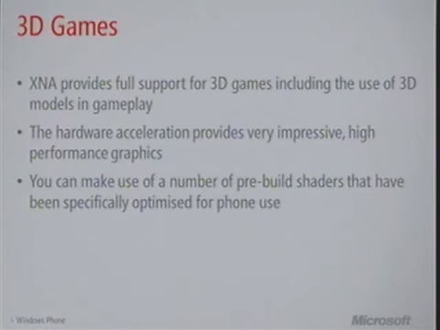You have to bring a bunch of stuff together to even just show something on the screen, whereas I can do that in just a couple of minutes, and in fact will, with a 2D game. With the 3D side, though, you do have hardware acceleration that you can get access to through that DirectX framework, and that's what enables you to do this. And you can use a bunch of pre-built shaders on the Windows Phone that allow you to do the lighting, the rendering, and the texturing.